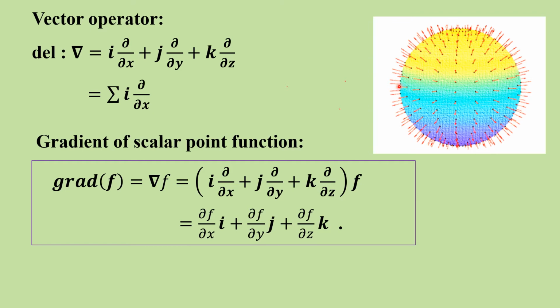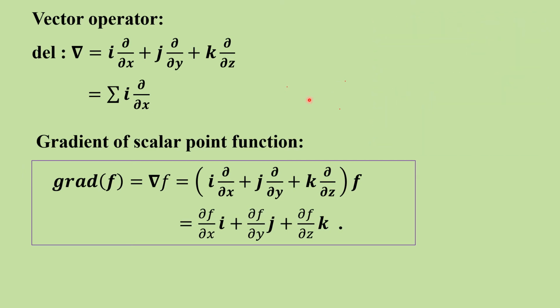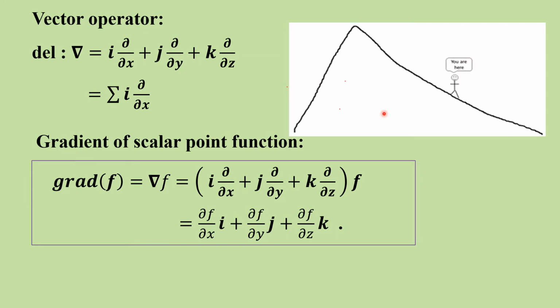If we apply the gradient function to a two-dimensional structure, then the gradients will be tangential to the curve. For example, let us imagine that we are climbing a mountain. You are at a certain point on the mountain. Now you have to move in a certain direction to gain the lost altitude, that is, we are descending or ascending, moving forward or backward.